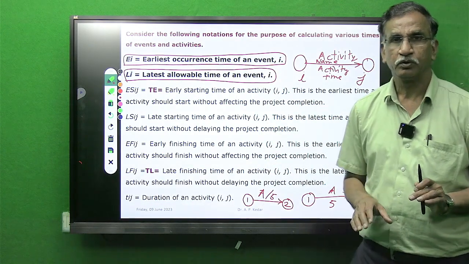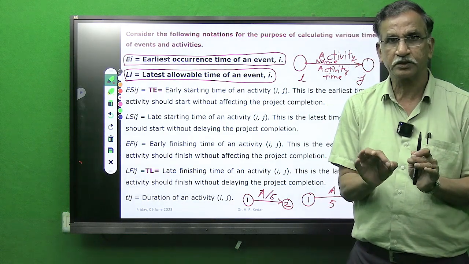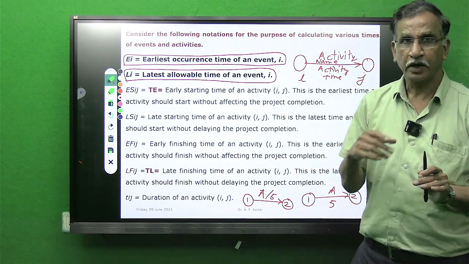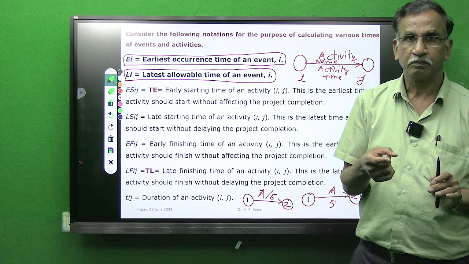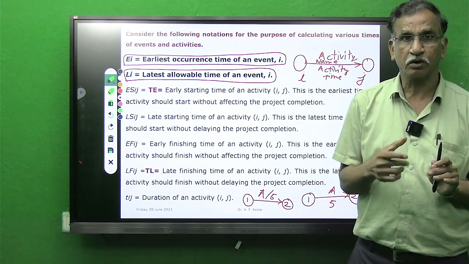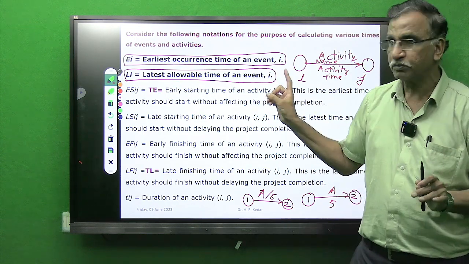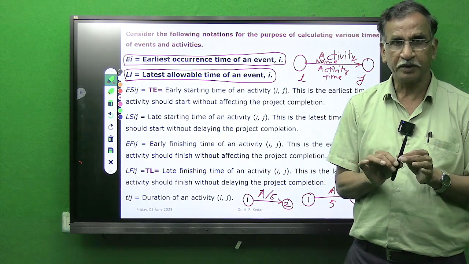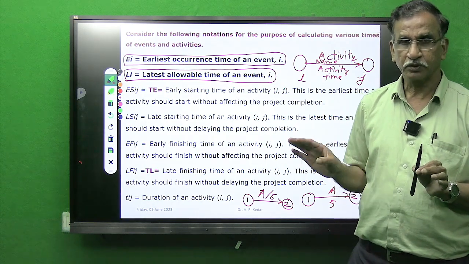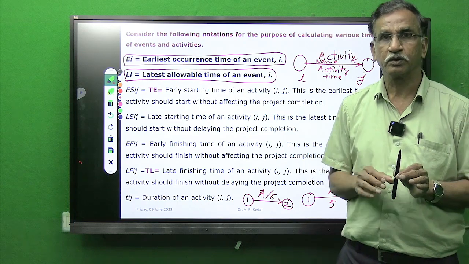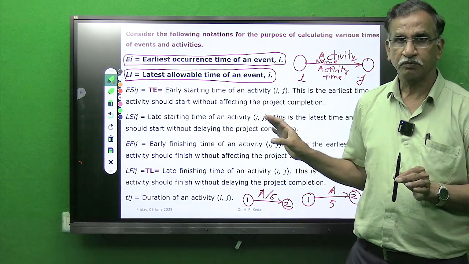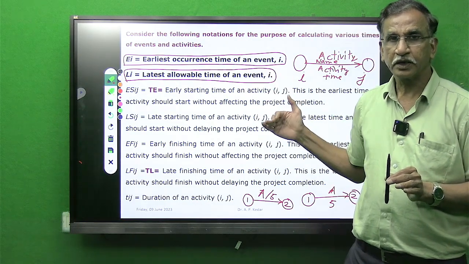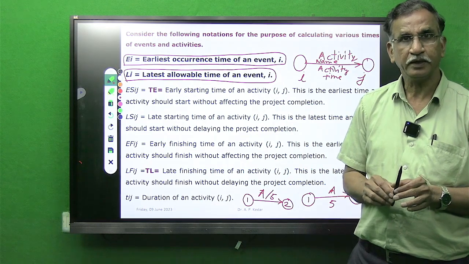Therefore, we'll stop today's lecture at this point, and I will start further analysis of the network model from this slide in my next lecture. So here I am ending today's lecture. For the time being, study whatever is given to you as a form of understanding the basic concept of PERT and CPM.